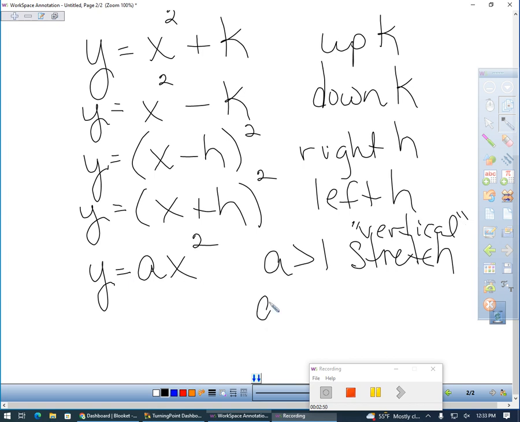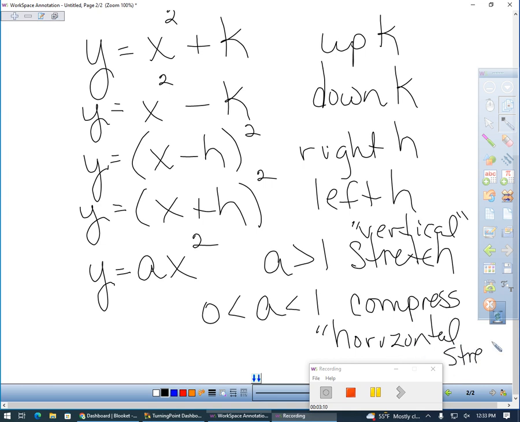If a is between 0 and 1, we say compress, which means our function is getting wider, right? We're flattening it down. So that is considered a horizontal stretch.